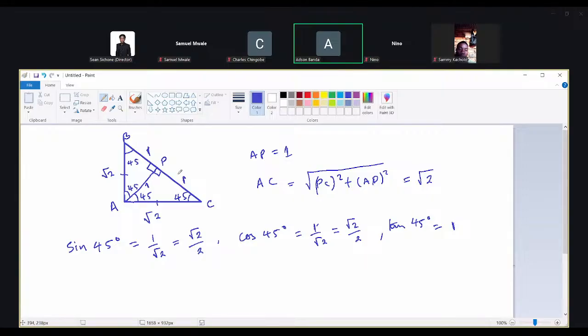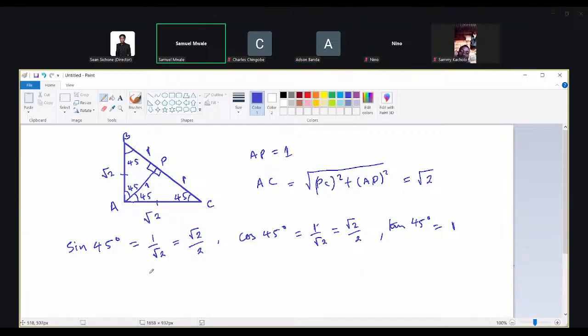So the opposite of this angle is 1. The adjacent of that angle is 1. So it is 1 over 1, which is 1. If you are here, you still get the same. It is the opposite, which is 1, and the adjacent to it is also 1. Is that okay?